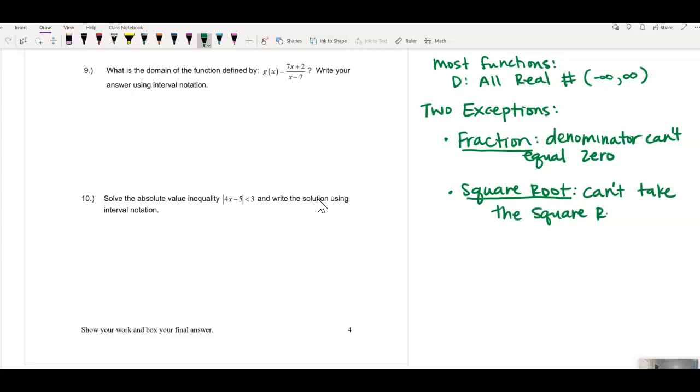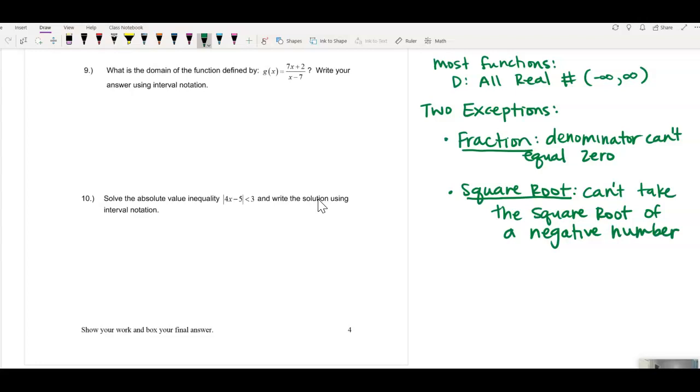We can do that and find out those are imaginary numbers, but functions don't have these imaginary numbers in them. They have to have real numbers in them. So that's why I'm saying you can't do this in the real number system. So can't take the square root of a negative number. All right.